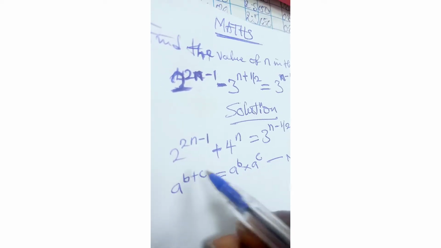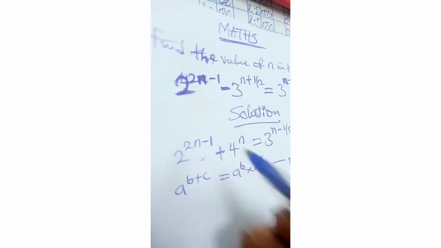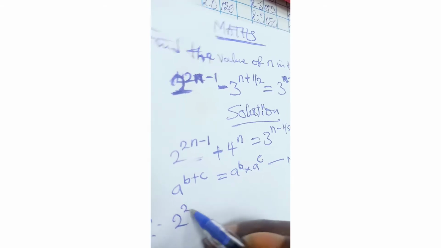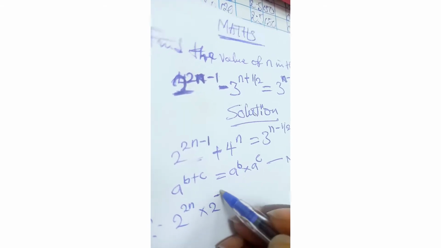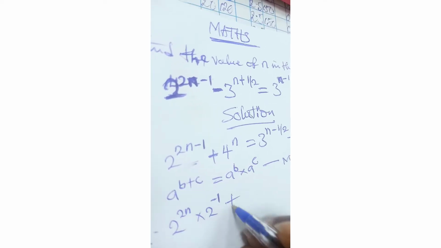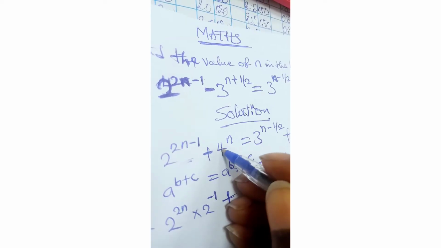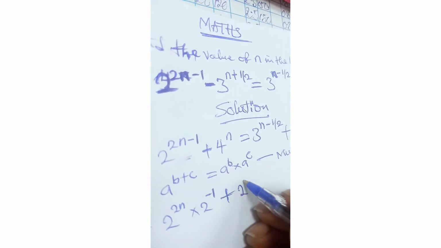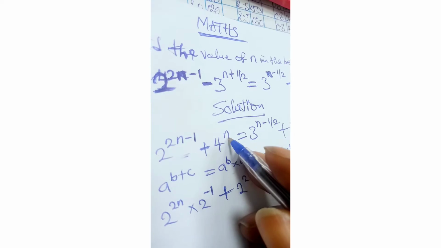Now, if you apply this same principle here in this question, you are going to have this equal to 2 raised to power n times 2 raised to power minus 1. Plus, remember that 4 here is the same thing as 2 raised to power 2 into n, that n.